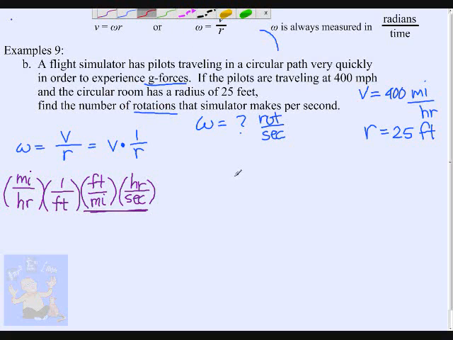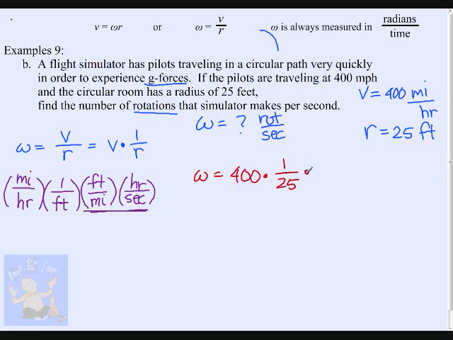Let's go ahead and do it. Angular velocity will be 400 miles per hour times the reciprocal of r, right? 1/25. And then my conversion factors are right here.